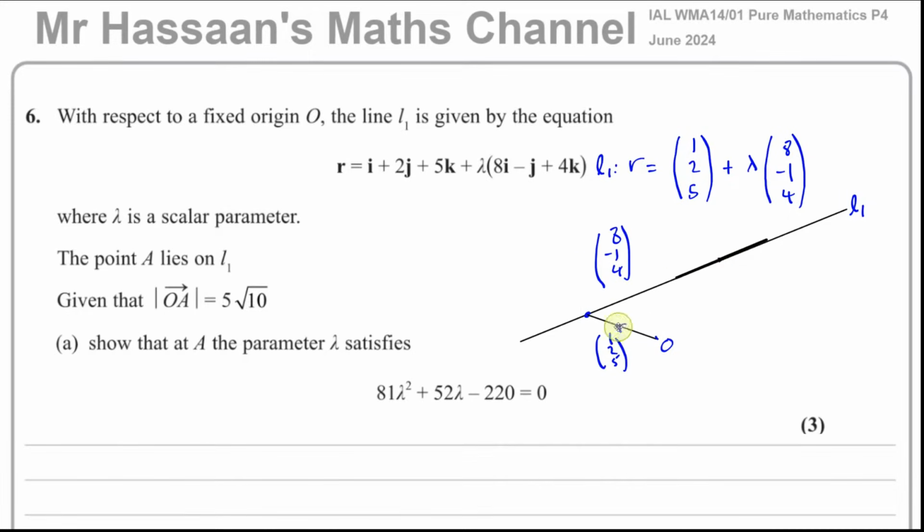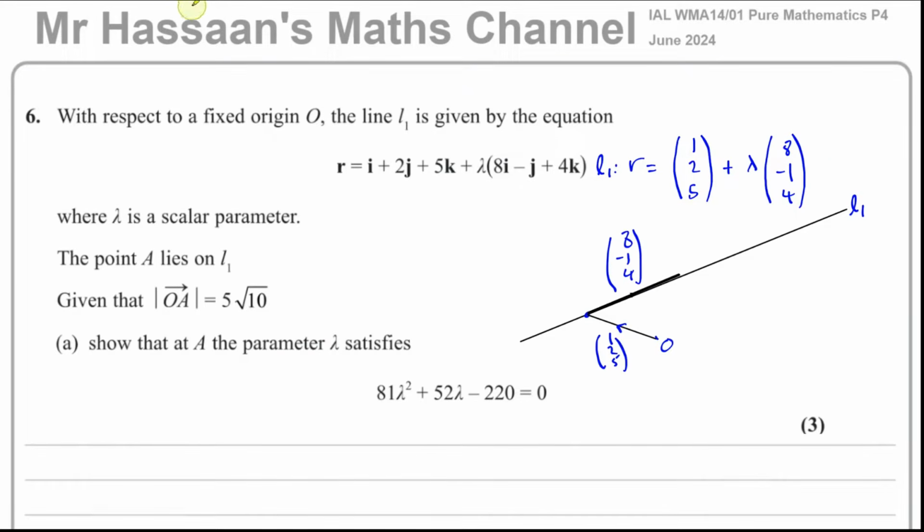So the vector will then be (1, 2, 5) plus (16, minus 2, 8), and so on. If lambda equals 3, you'll be over there. If lambda equals 4, you'll be over there. If lambda equals minus 1, you'll be over here. Lambda equals minus 2, you'll be down here somewhere. That's how we can understand how the vector equation of a line works.